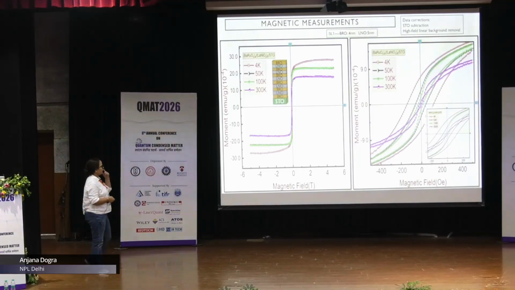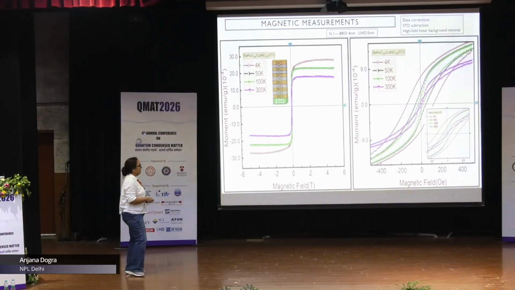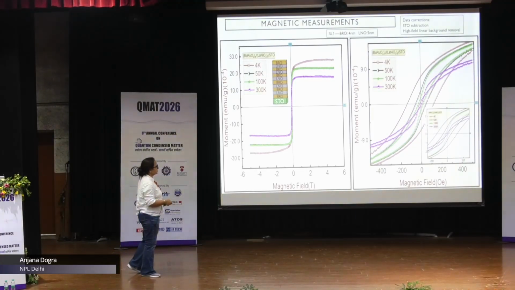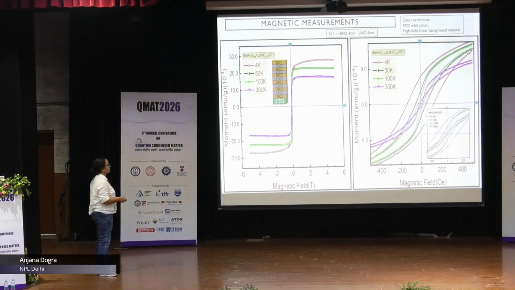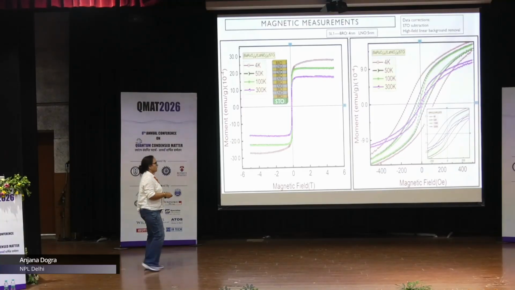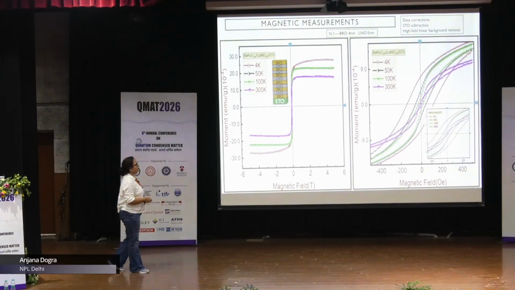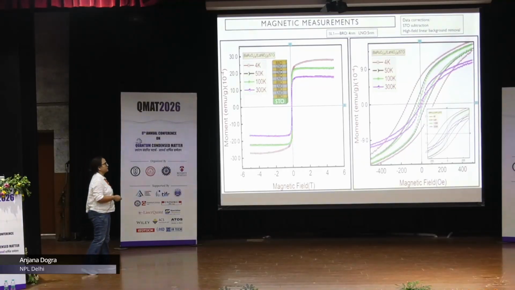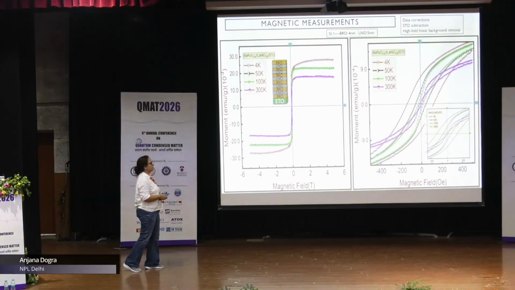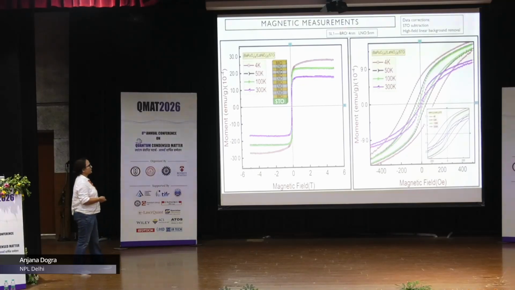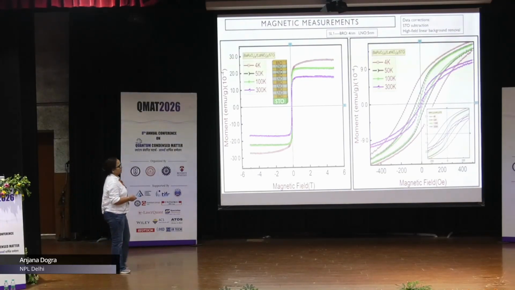So we are able to induce ferromagnetism in these layers. The coercive field is fine, but at 300 Kelvin we are seeing a crossover. We are still trying to understand why; we cannot correlate it to super exchange or anything else, and we are still looking into the reason behind this crossover. But at the rest of the temperatures the results are as we were expecting.